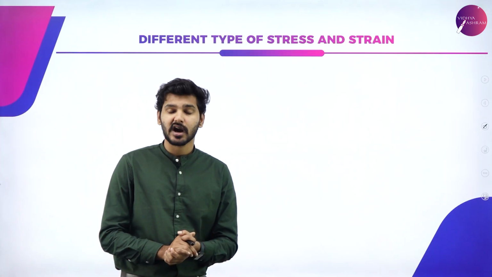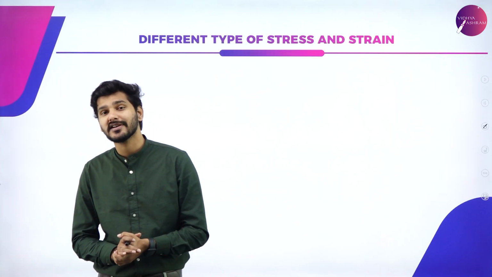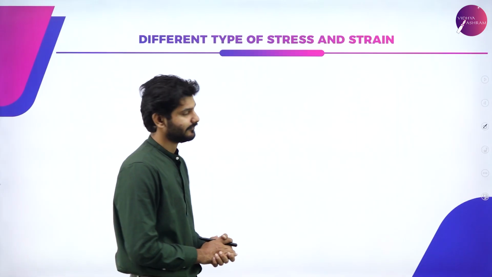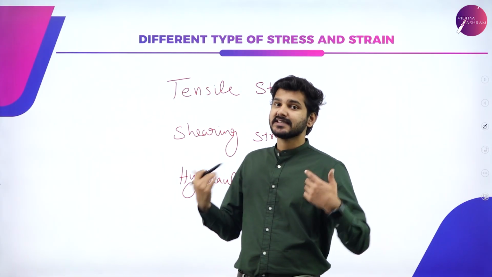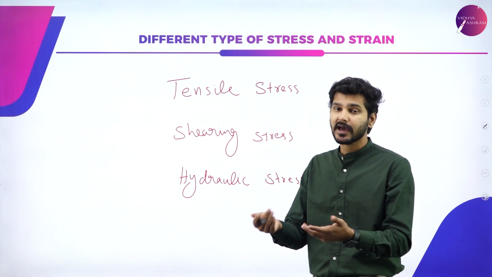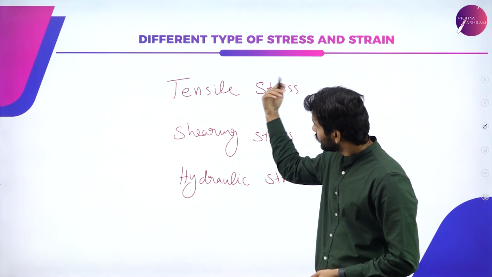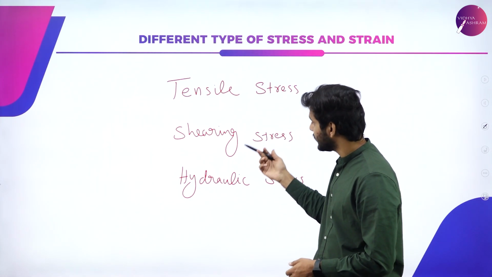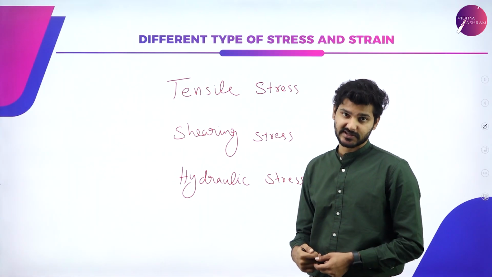The three ways a solid can change its form or dimensions when we apply a force are tensile stress, shearing stress, and hydraulic stress.